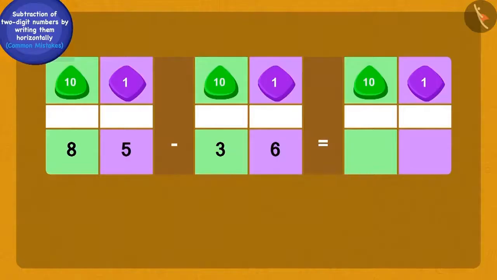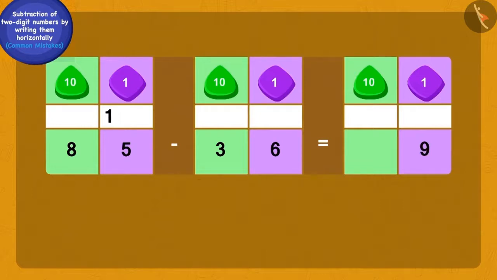Here we cannot subtract the 6 ones of 36 from the 5 ones of 85. So, we have to borrow 10 from the 8 tens of 85. In this subtraction, by borrowing, 6 ones have been subtracted correctly from 15 ones.